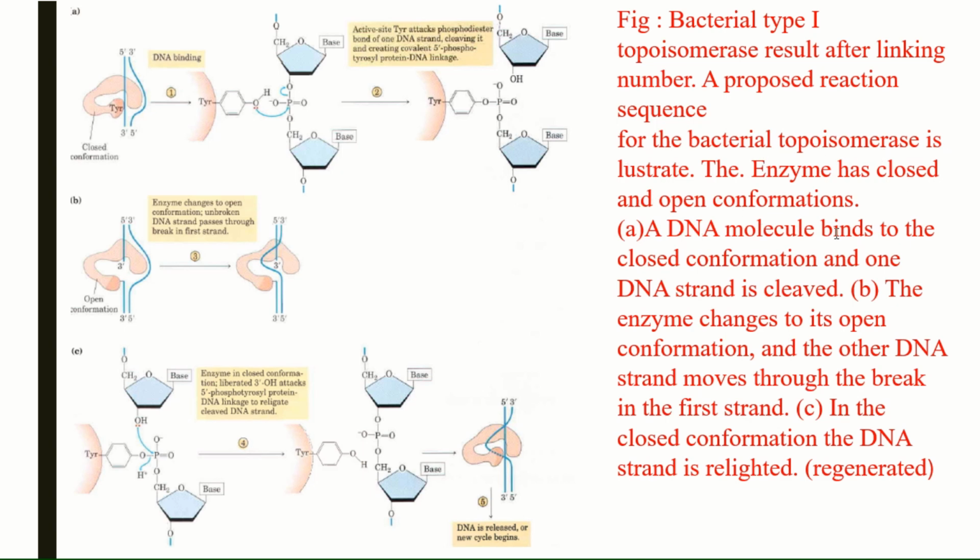First, a DNA molecule binds to the closed conformation and one DNA strand is clipped. This is the DNA strand, and topoisomerase binds one DNA strand, which is clipped. Second, the enzyme changes to its open conformation and the other DNA strand moves through the break in the first strand.